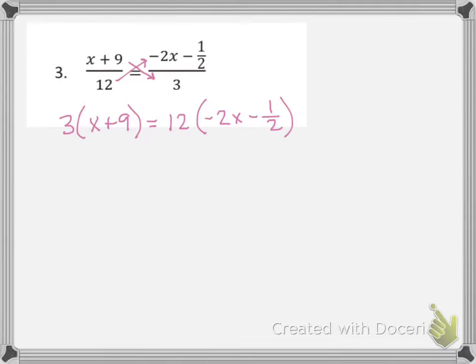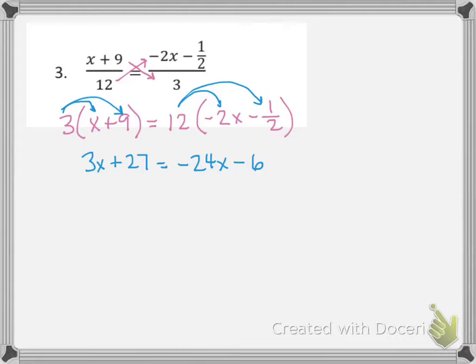Okay? Well, again, distributive property. 3 times x, that's 3x. 3 times 9 is a positive 27. That's equal to 12 times negative 2, which is a negative 24x. And then 12 times a negative 1/2, well, it's going to be negative, and half of 12 is 6.